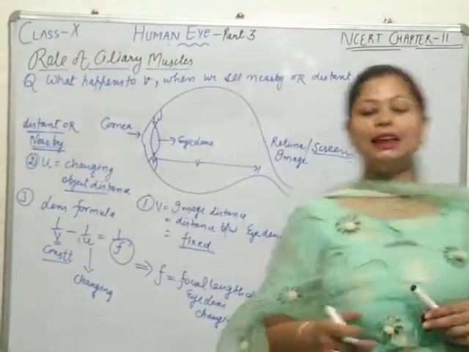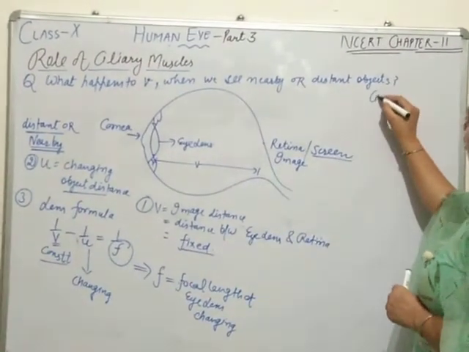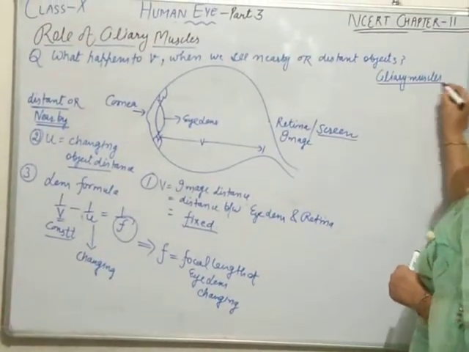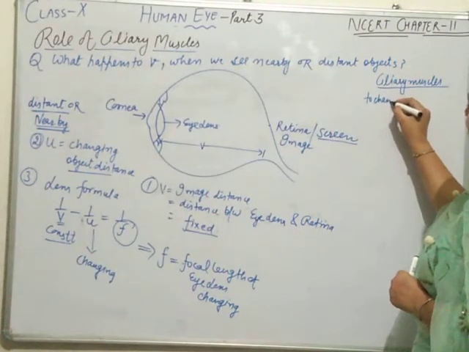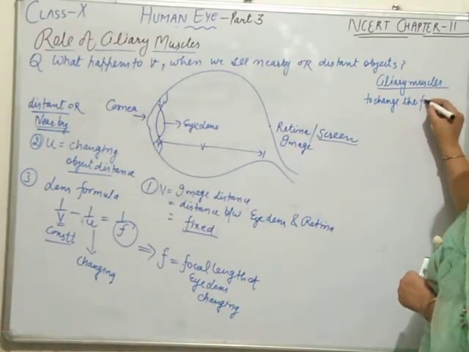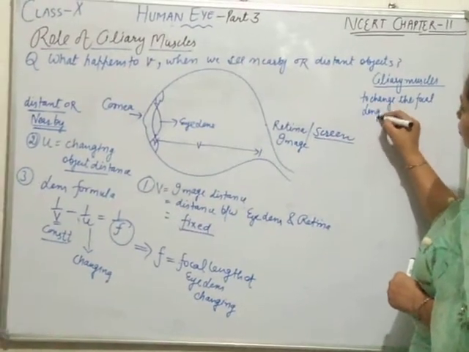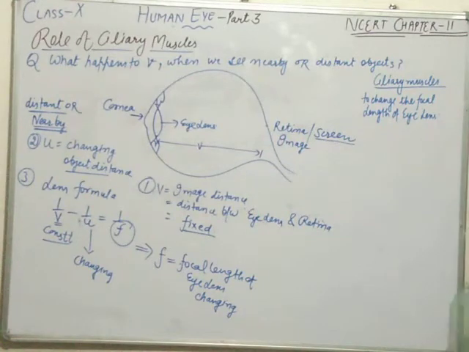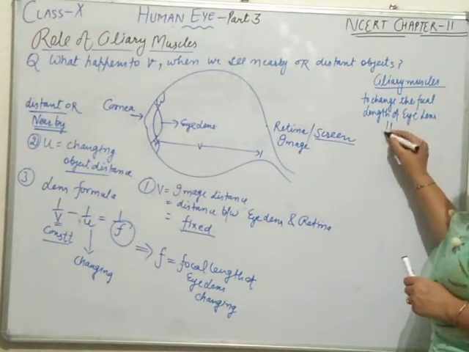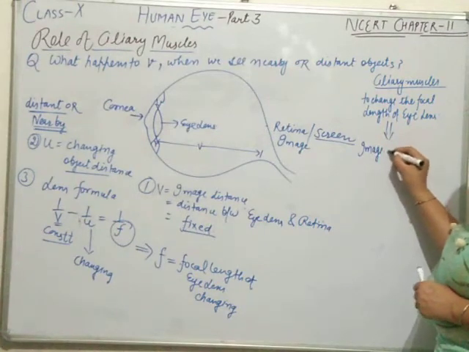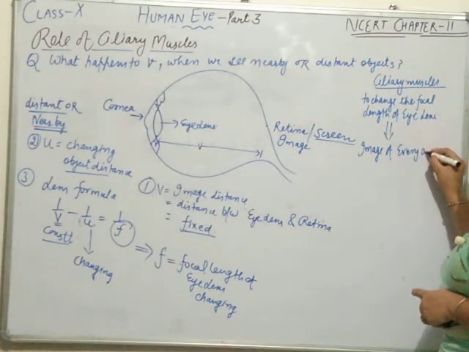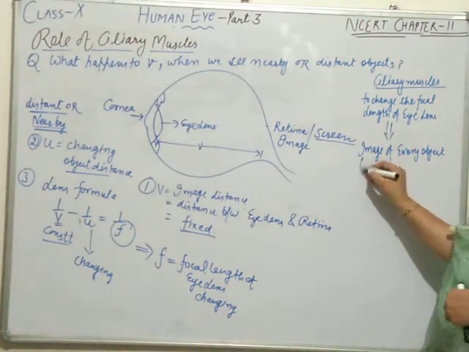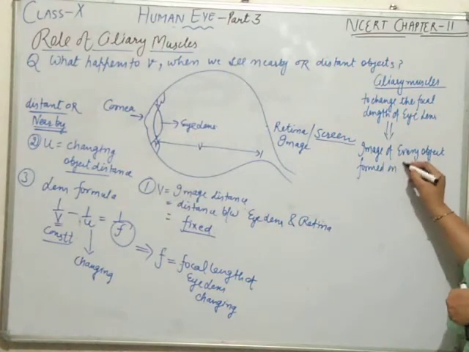So, ciliary muscles help to change the focal length of the eye lens, due to which the image of every object, whether it is nearby or distant, is formed on the retina.